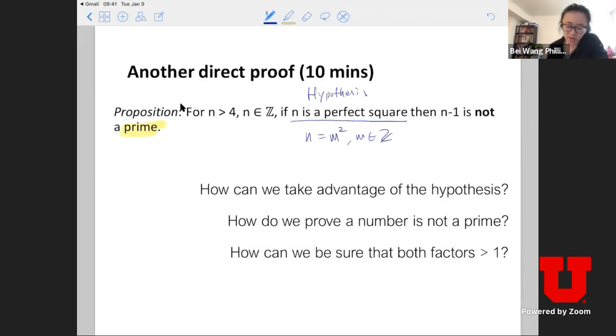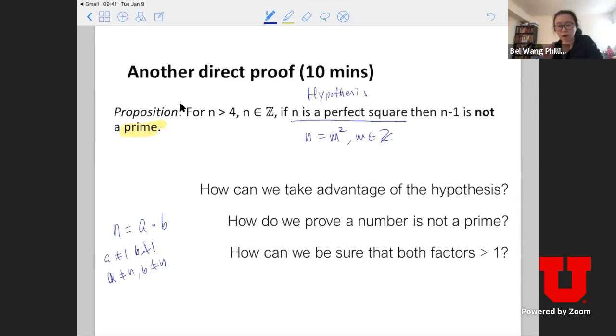That is the definition of something being a perfect square. How can we prove a number is not prime? That means I can factor it: if a number is not prime, it can be expressed as two integers multiplied together such that each integer is not equal to 1, and also not equal to n itself.